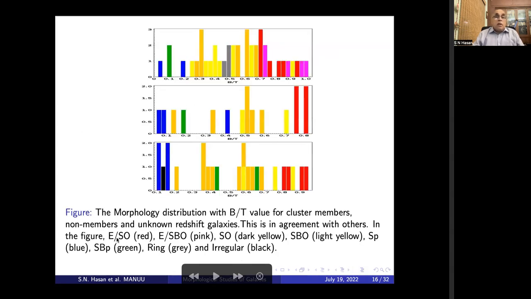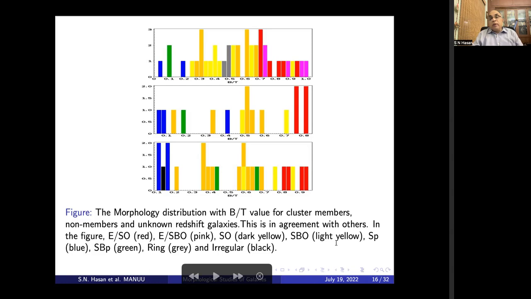These histograms give the morphological distribution with B by T values for cluster members, non-members, and unknown redshift galaxies. This is in agreement with others. In the figure, ellipticals and lenticulars are shown in red. Ellipticals and barred lenticulars are given in pink, and lenticulars S0 are dark yellow.